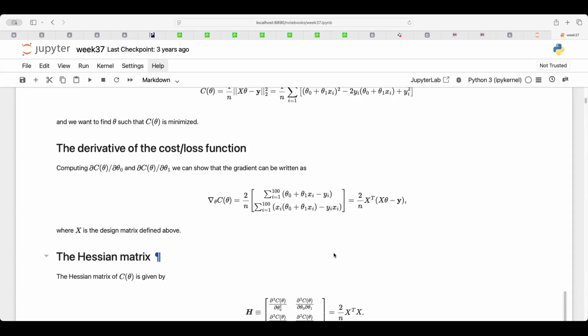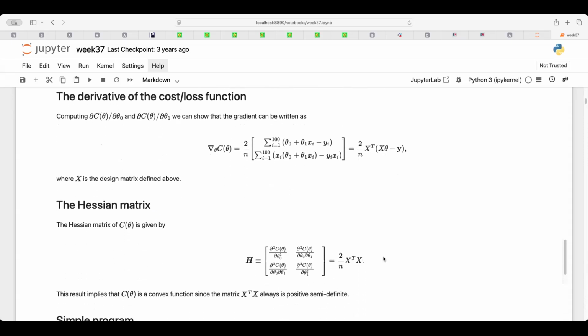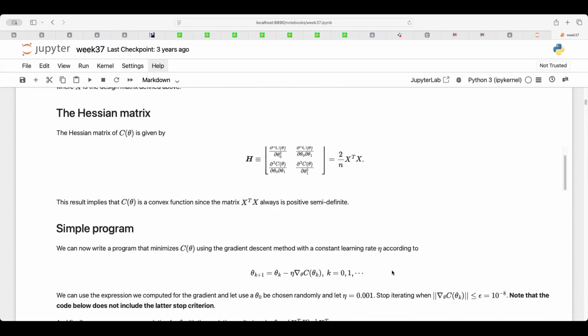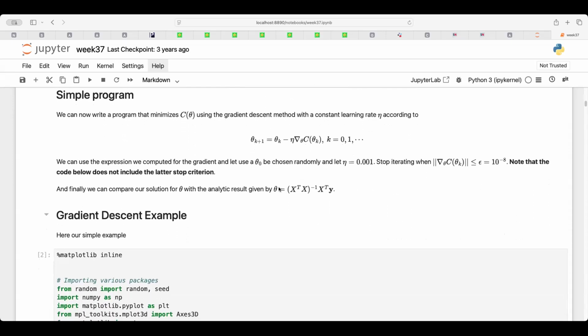And our simple code then, which we discussed last week, is actually one. As you can see here, there is no dependence in the second derivative on the parameters theta. So I can actually pre-calculate the Hessian matrix as well. What I did in that example last week was simply to implement the simplest possible gradient descent, where I simply implement this recipe here.